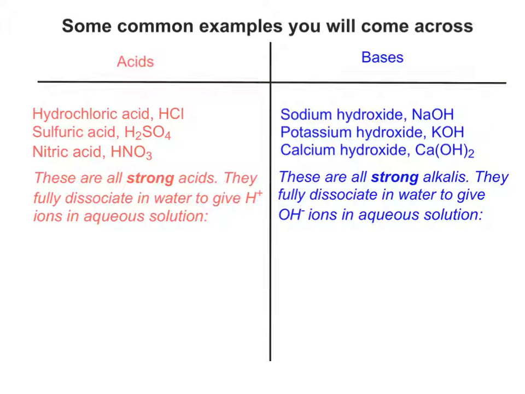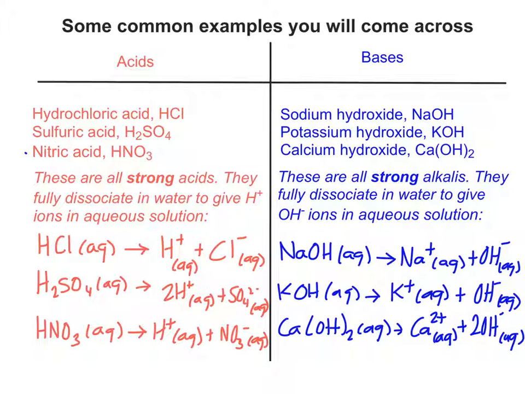These are the common examples that you've probably heard about already. They're strong acids that give off H+ readily by fully dissociating in water, or strong alkalis that again fully dissociate in water to give OH-. And these would be the equations you'd use to write out these dissociations.